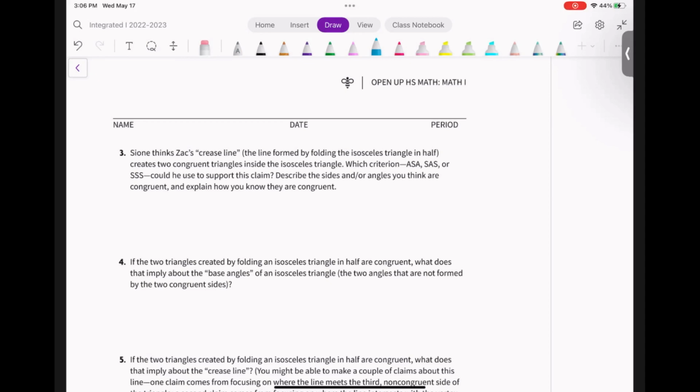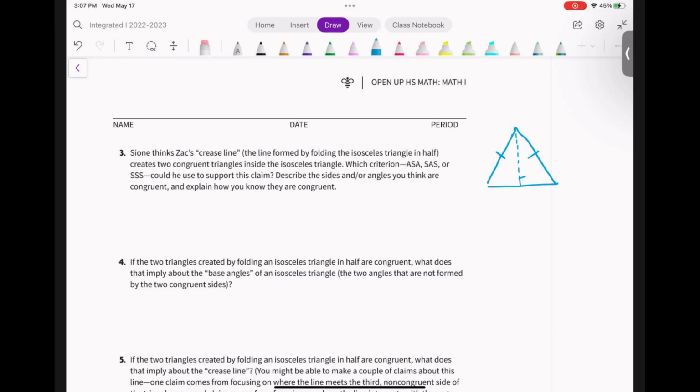Describe the sides and angles that you are saying are congruent and explain how you know they're congruent. Okay, so let me draw this again. Here's my triangle. Are these two triangles congruent?